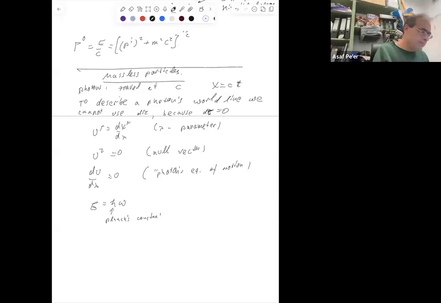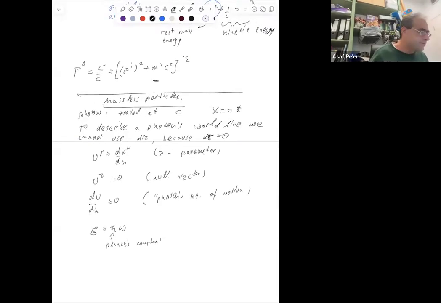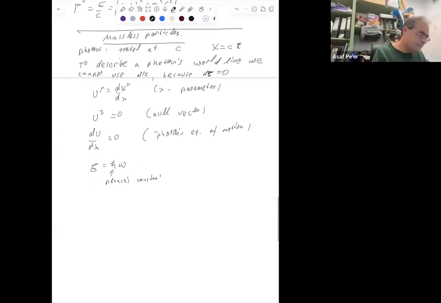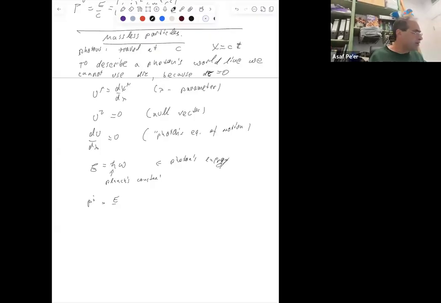And if we put m equal to 0 here, that means that the momentum of the photon is determined by the photon's energy. The photon's momentum is just E over c, which is h bar k, where k is the wave vector.